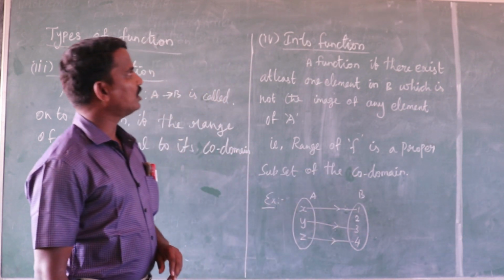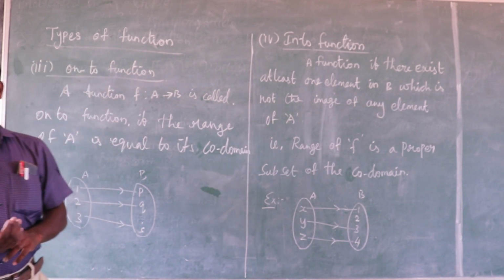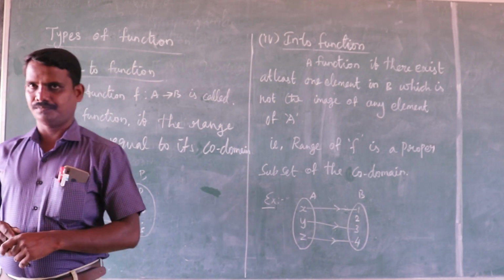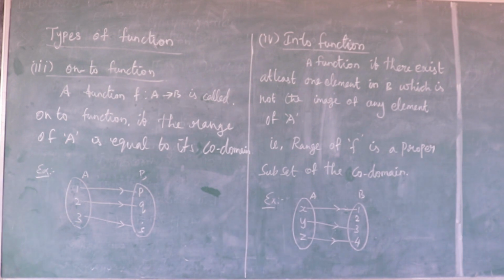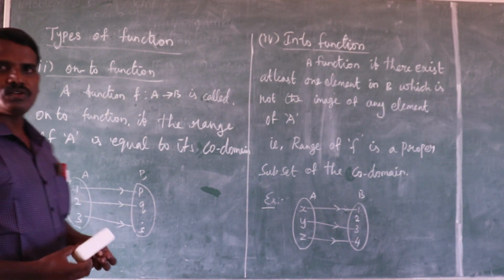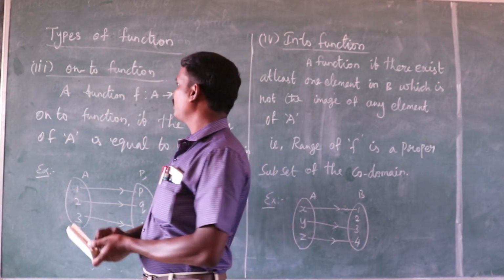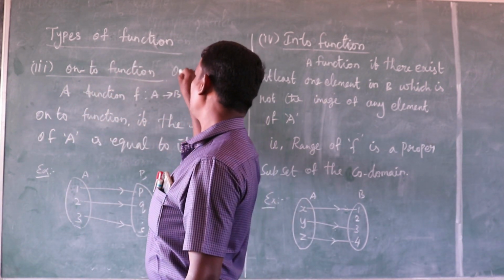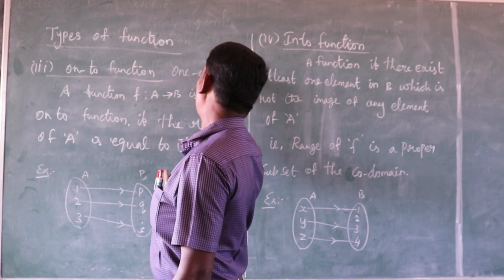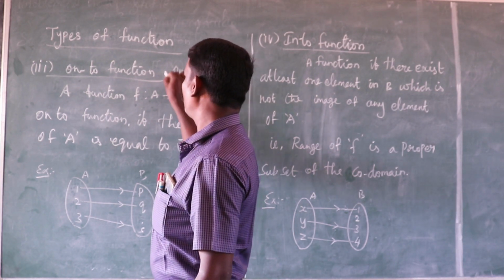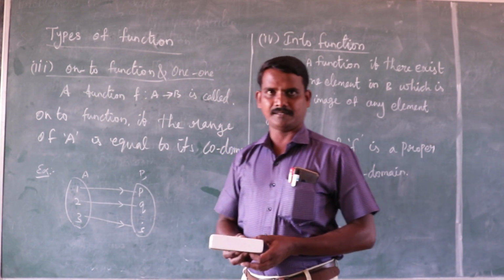So that one is called into function. And then bijection. Bijection means a function which satisfies both one-to-one and on-to is called bijection.